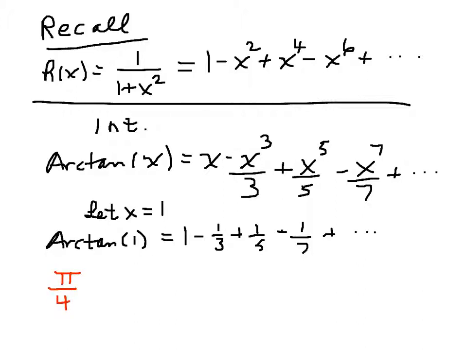So what we've just shown is that pi over 4 is 1 minus a third plus a 5th minus 1/7, and so on. So this is an infinite series, and not only does it converge, but we see that it converges to pi over 4. How wicked cool is that?